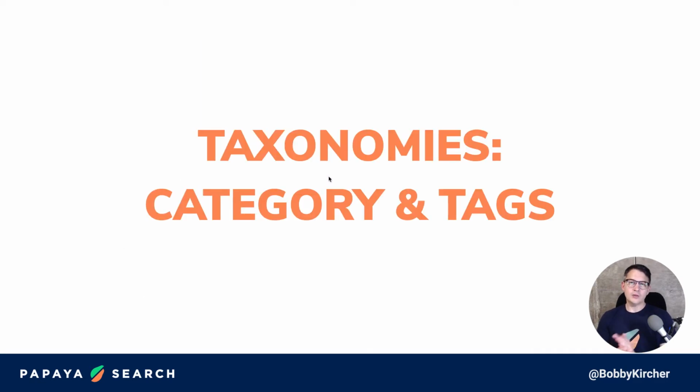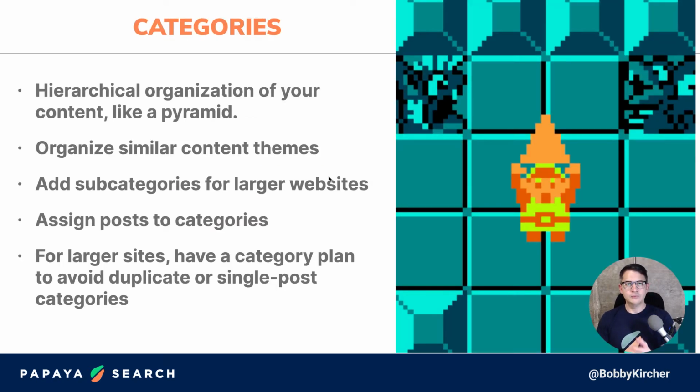So let's talk about two taxonomies. As I mentioned about WordPress, the most popular taxonomies within WordPress are categories and tags. I want to break this down a little bit, because with categories and tags, a lot of people use them interchangeably.